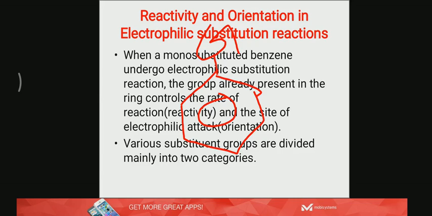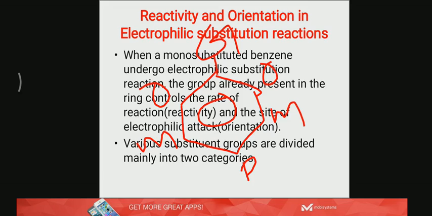We can see that with respect to this group, the positions can be classified or named like this: this is ortho position, that is the adjacent position. This is meta position, that is alternate position. And the last one, this is para position or opposite position.